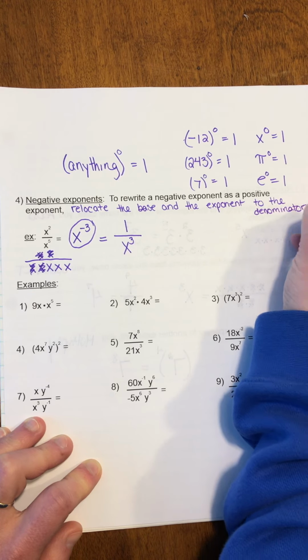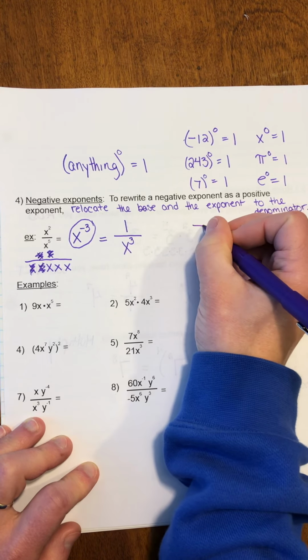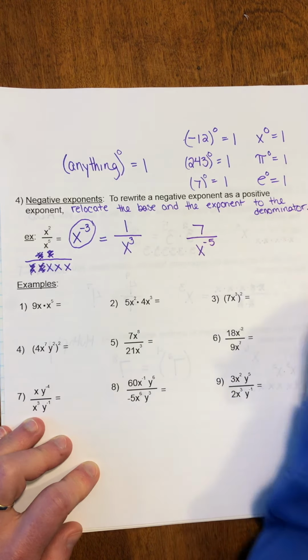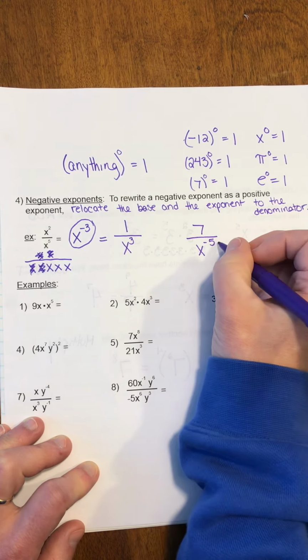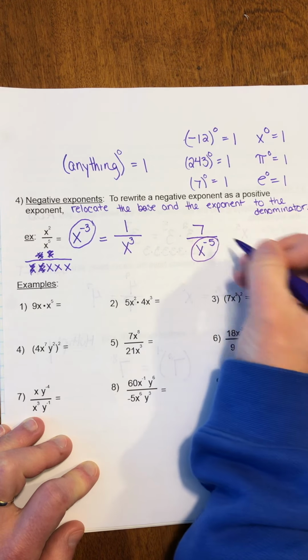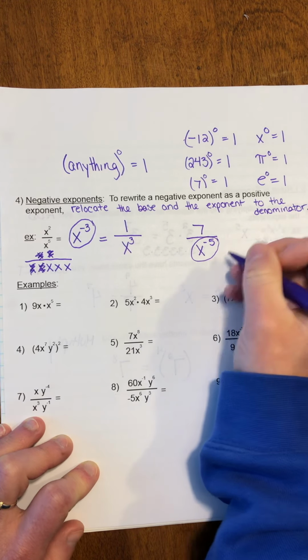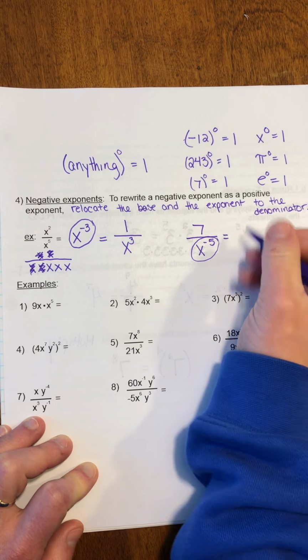All right, now here's a wild one. What happens if we have something like 7 over x to the negative 5th, where it's already in the denominator and it's negative? Well, then I'm going to take this x to the negative 5th and write it as a positive exponent, so I'm going to switch the location that it's in.